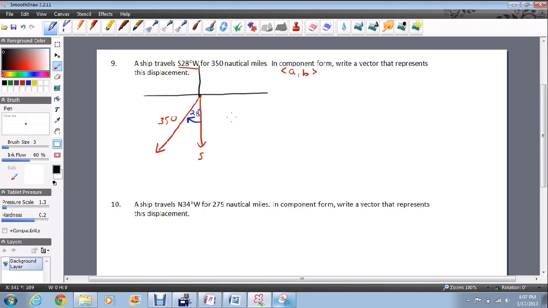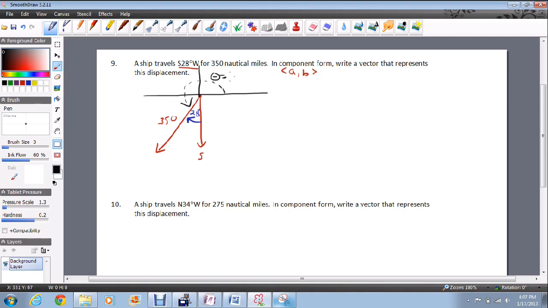So if I put in my x and y axis, not just this y axis or the south pole, we can see what we're really working with here. We need to figure out first what this angle is. So I'll just call that theta. And then I'll show you some formulas for figuring out the components A and B.